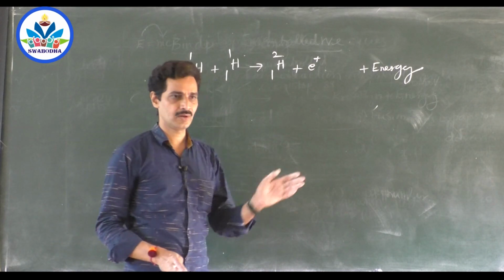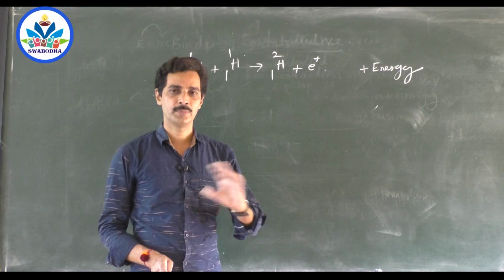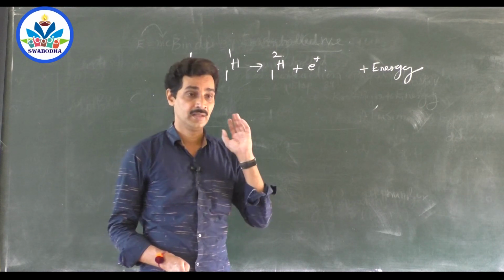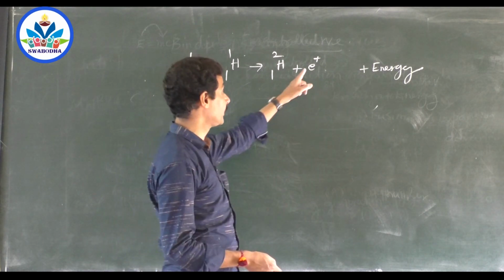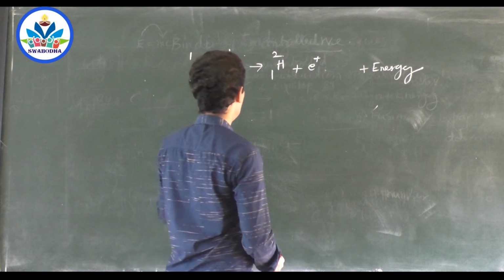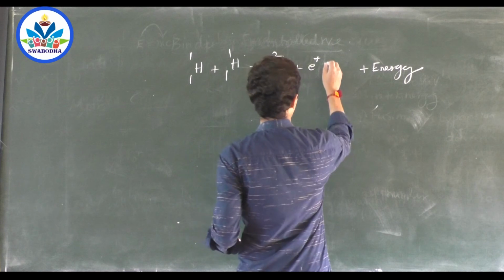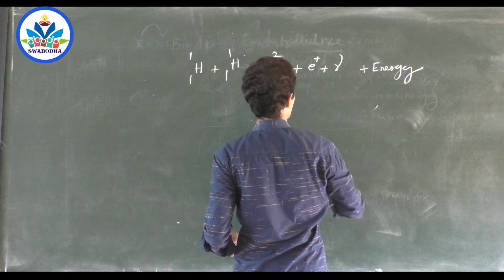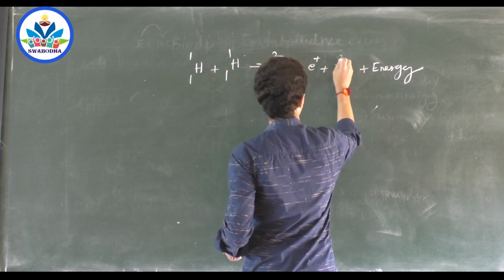Since a positron has the same mass but opposite charge, we can call it an antiparticle. Such a positron is emitted, very similar to an electron but with positive charge. So deuterium plus positron plus another particle called neutrino, nu.